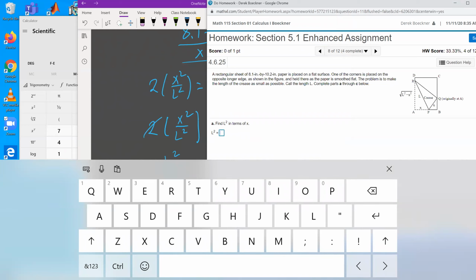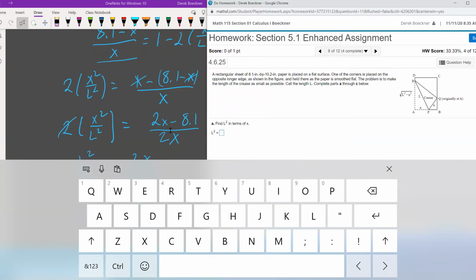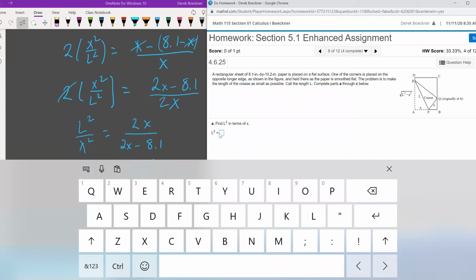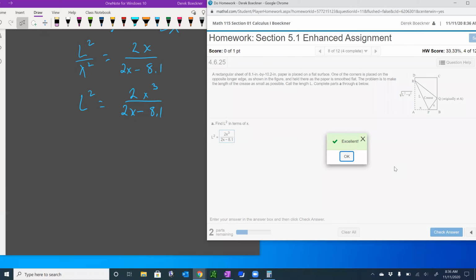Should be. Two x to the third divided by 2x minus 8.1. There we go. Okay, where do we have questions on that part?